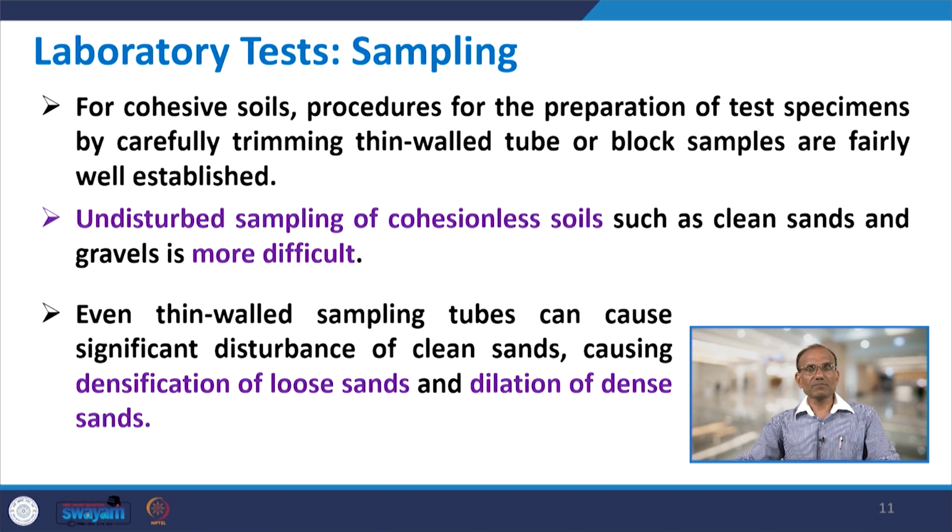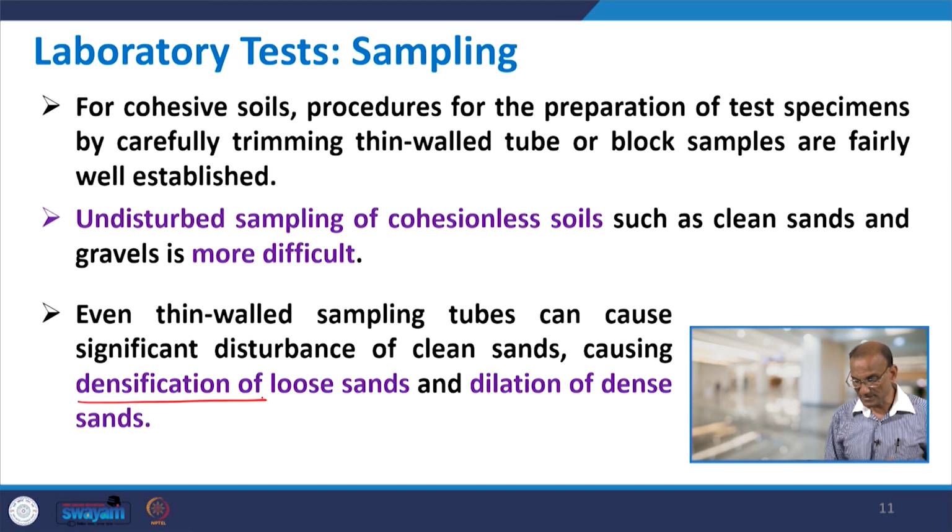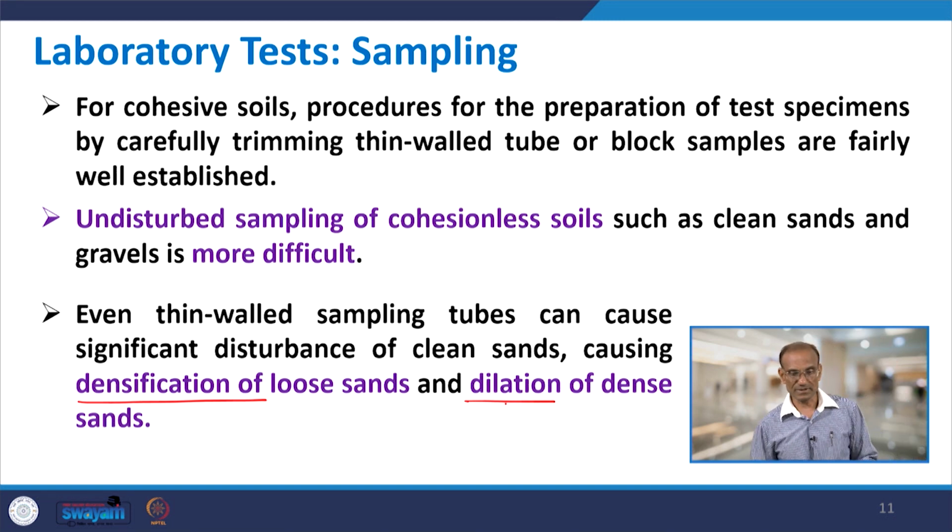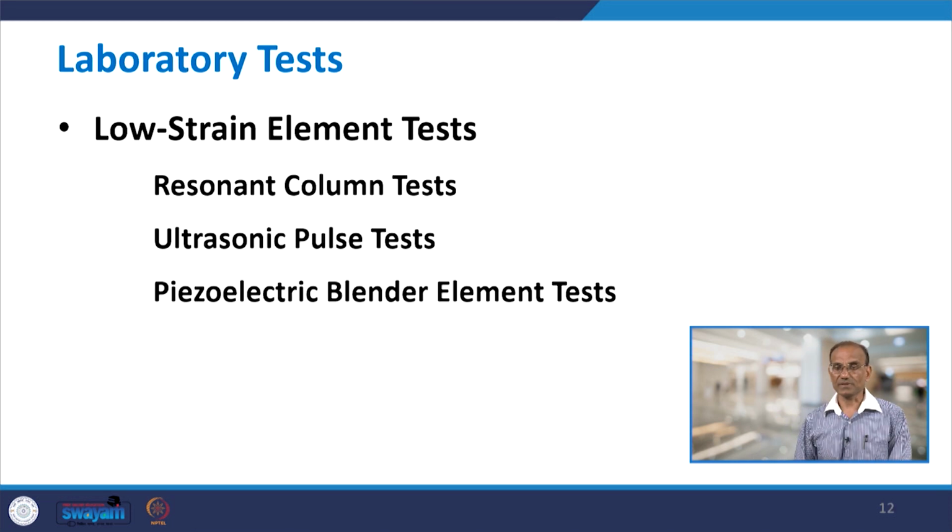Even thin wall sampling tubes can cause significant disturbance of clean sands, which causes densification of loose sands and dilation of dense sands. So, if you have loose soil, there will be densification, but if you have dense soil, then dilation, which is a kind of expansion, will take place. So, there are opposite effects, and it depends on the relative density of the soil.